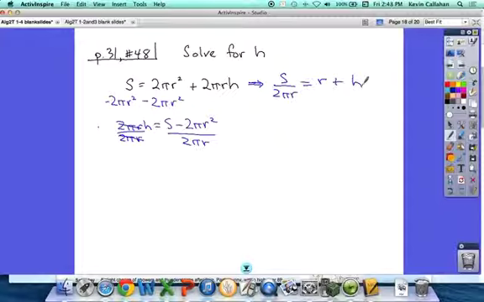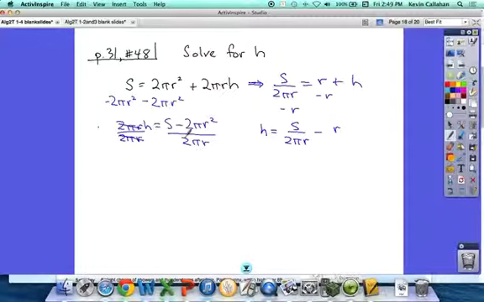Minus r, right? Minus r, minus r. So h equals s over 2 pi r minus r. Now again, does that look like the same thing? Does this look like this? No. Are they equivalent? Sure. You would have to find a common denominator by multiplying this by 2 pi r over 2 pi r, and then it would look exactly the same.